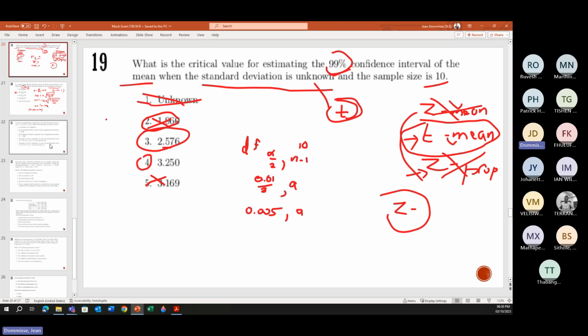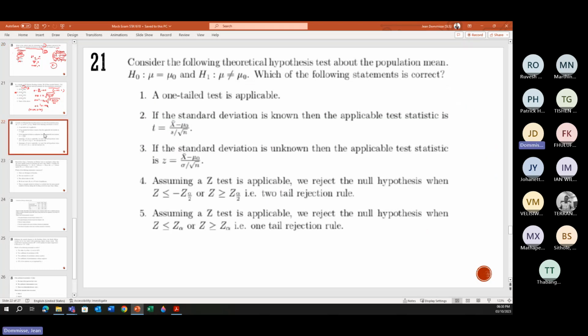Okay, so after confidence intervals, we go into hypothesis testing. Now this is more of a definition kind of question.